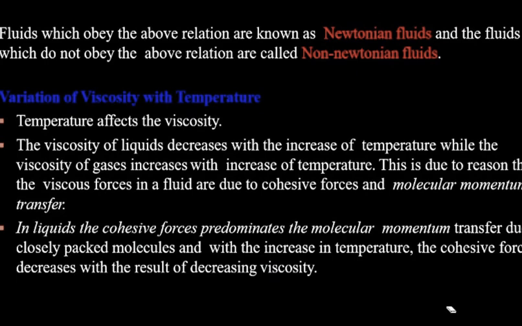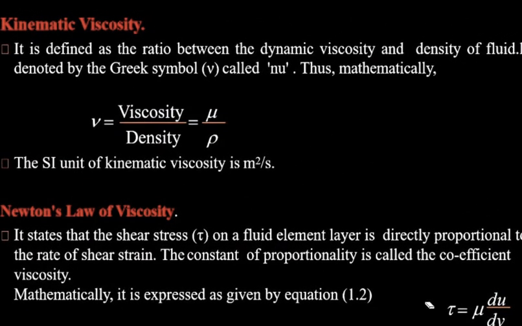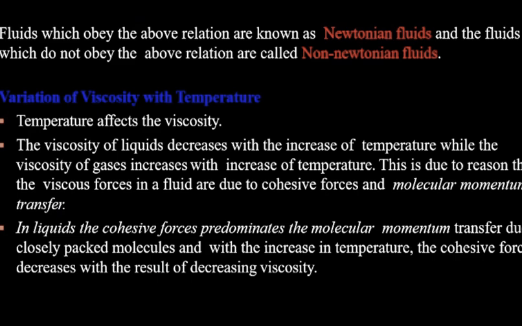Now, what are Newtonian fluids and non-Newtonian fluids? Fluids which obey the above relation, that is tau is equal to mu into du by dy, are known as Newtonian fluids, and the fluids which do not obey the above relation are called non-Newtonian fluids.